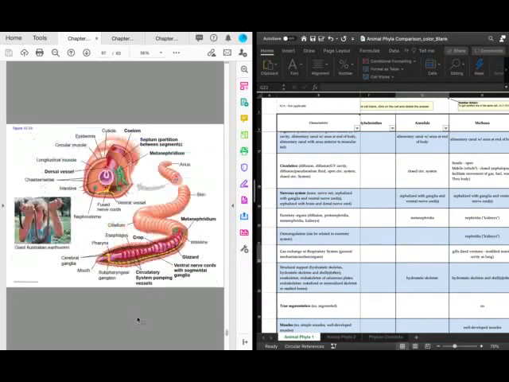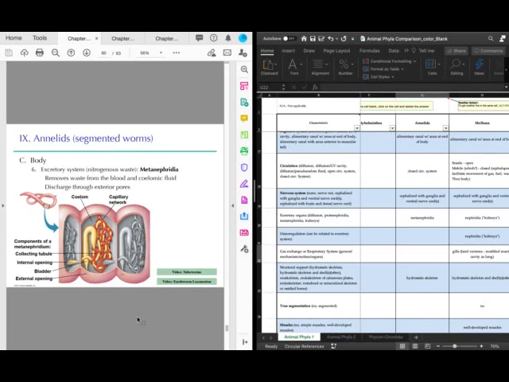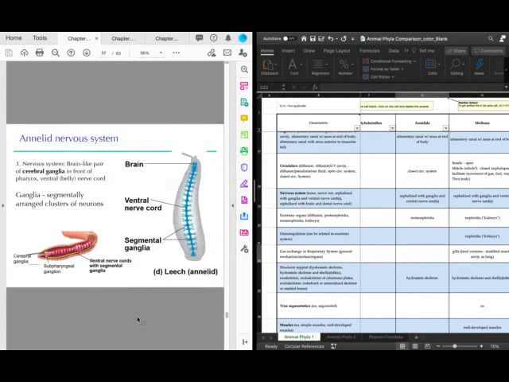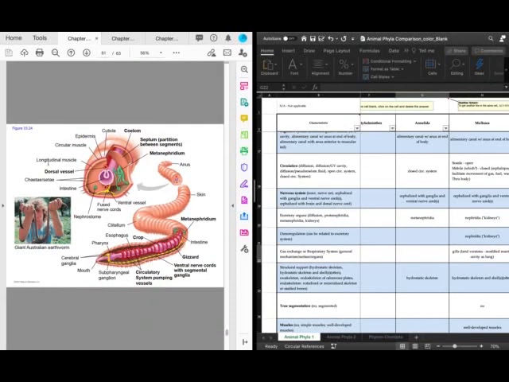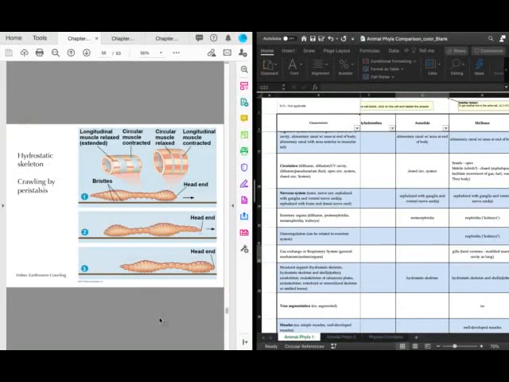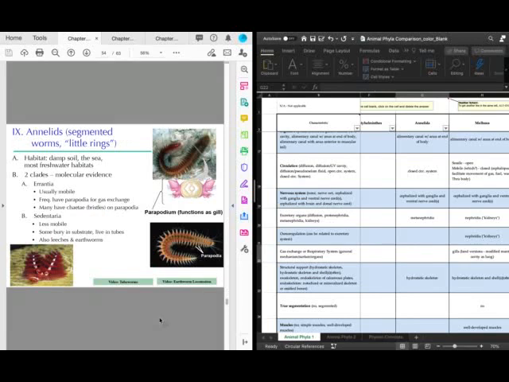Gas exchange. There's nothing in here about anything gas exchangey. So it probably means, oh, here we go. Parapodium have gills.